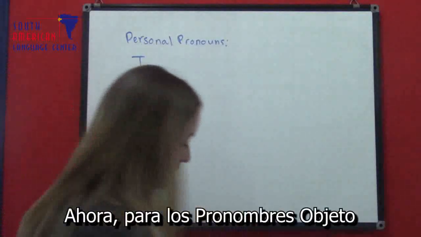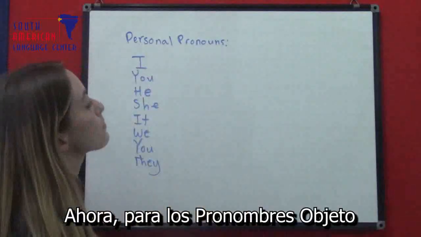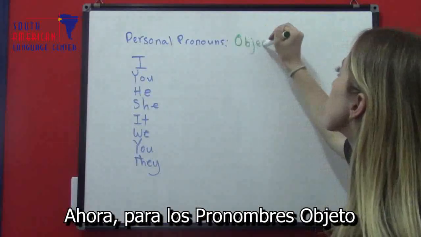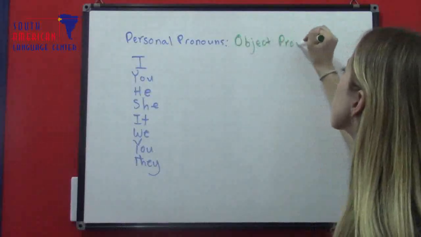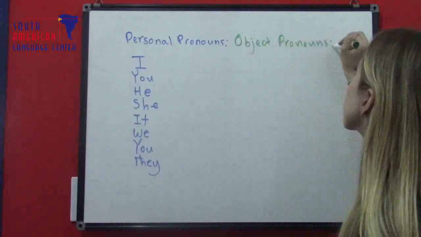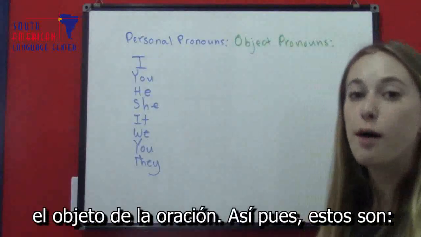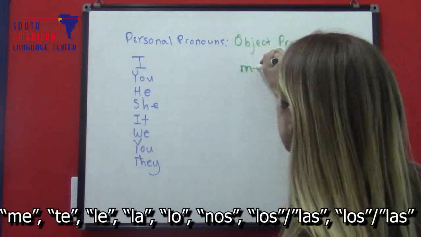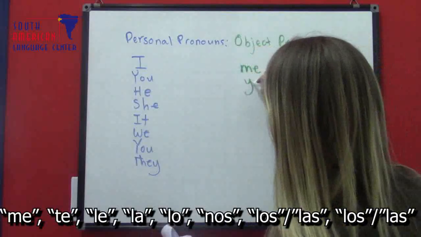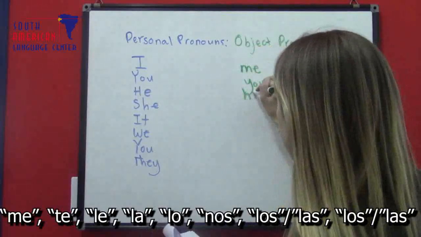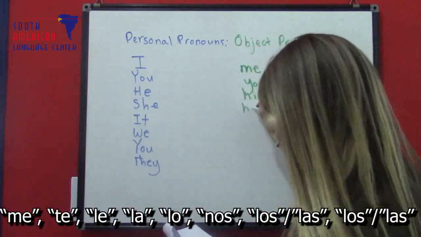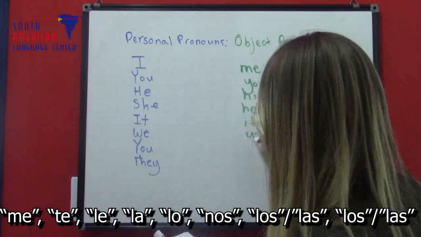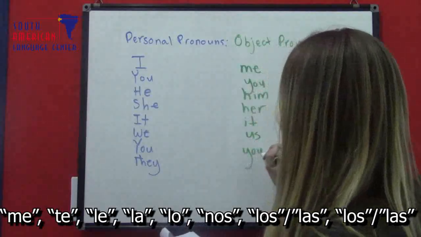Now for the object pronouns. So, object pronouns replace the object of the sentence. So, these are me, you, him, her, it, us, you, and them.